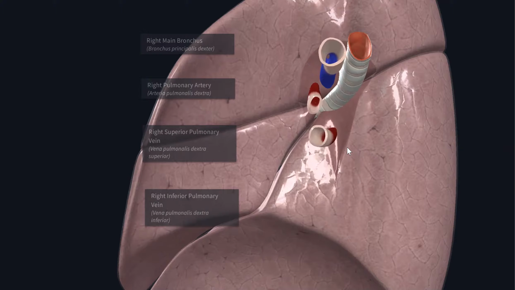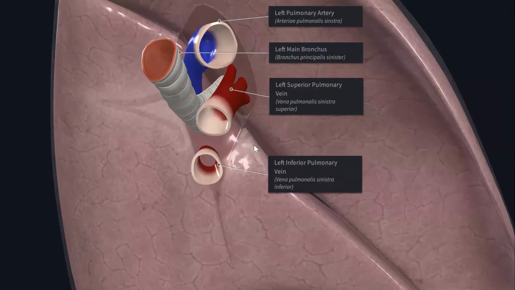Don't forget this one. The other structures will be the veins, the superior and inferior pulmonary veins, as you see here. It's very clear.